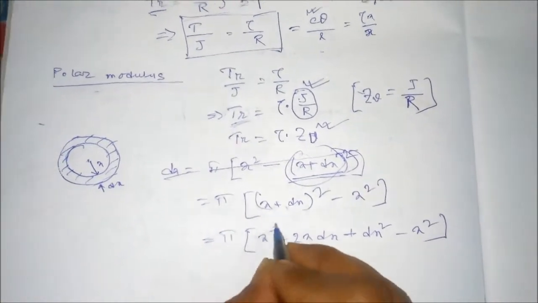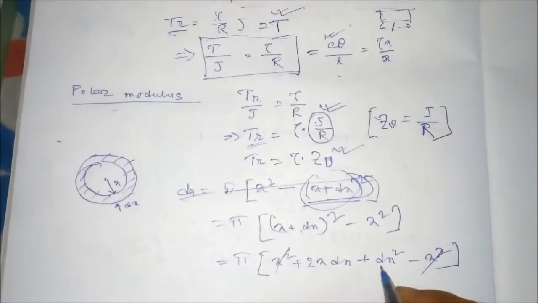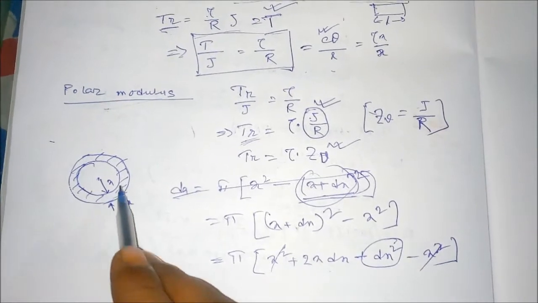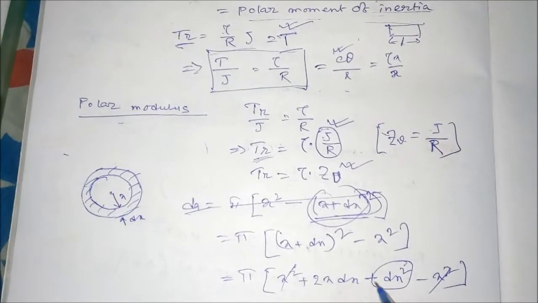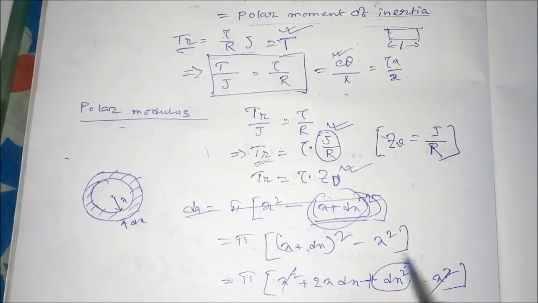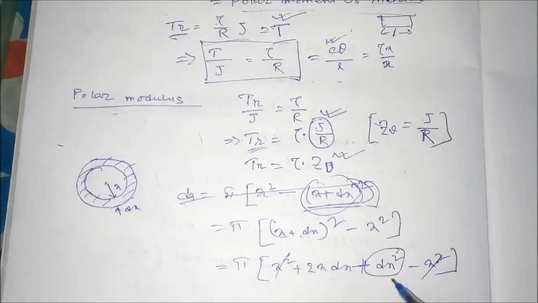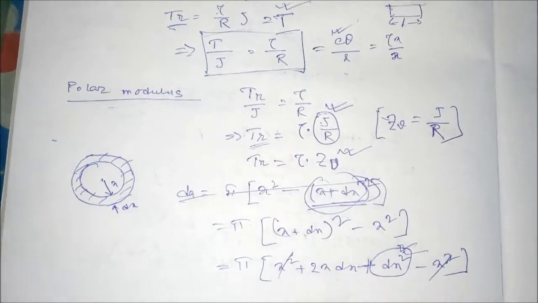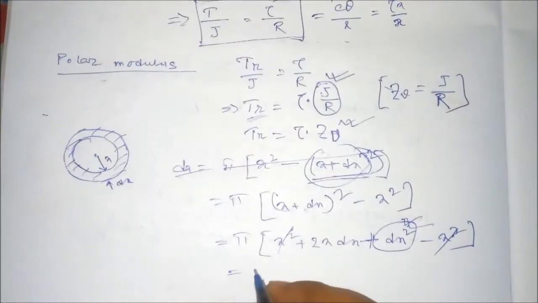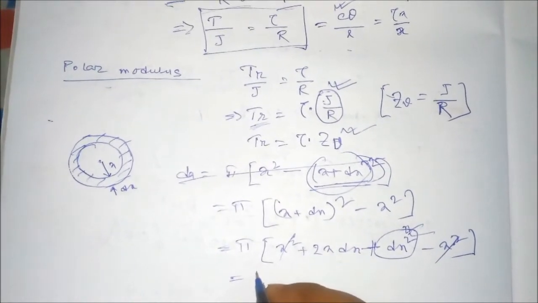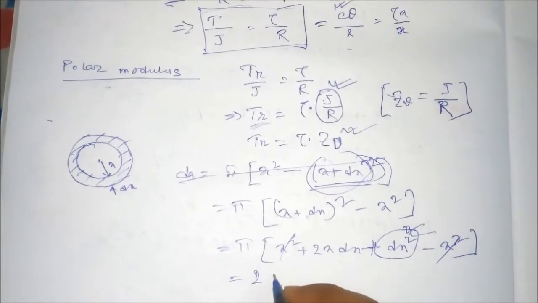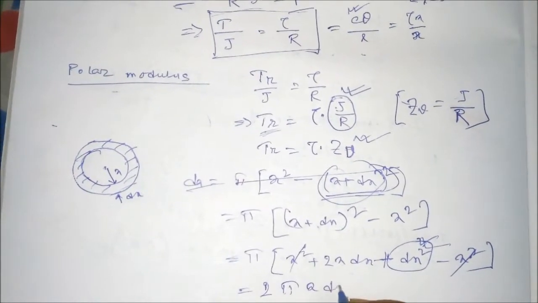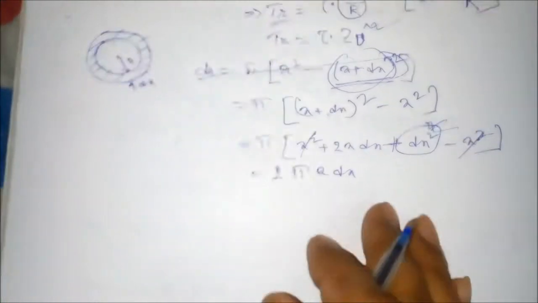The x square will be omitted, and as dx is pretty small, dx square will be very small, so this square term we can neglect. So this will be equal to 2 pi x dx.